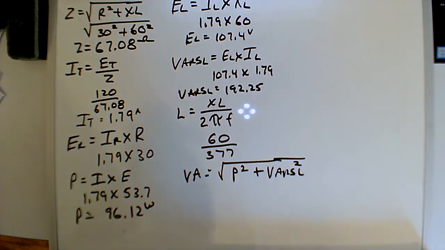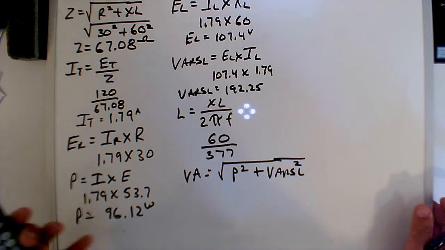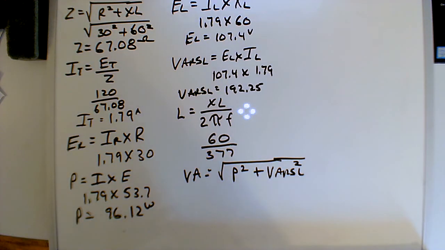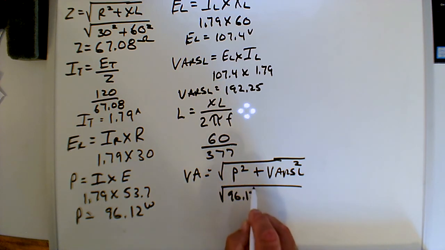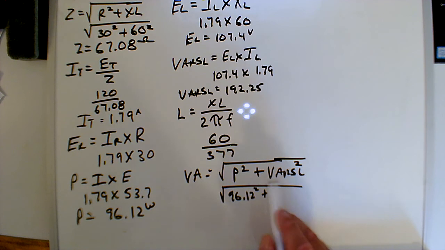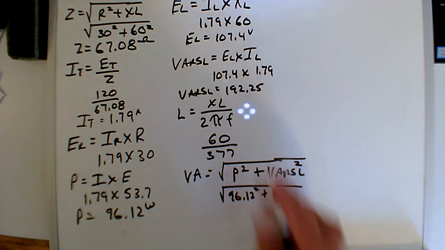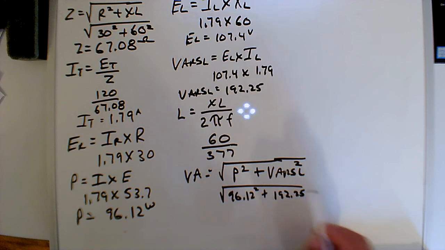In this case, the P was 96.12 squared plus the VARS, which I had at 192.25.